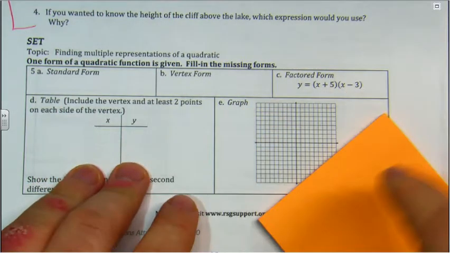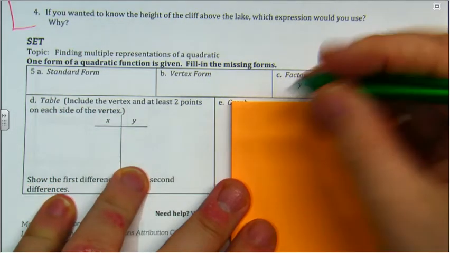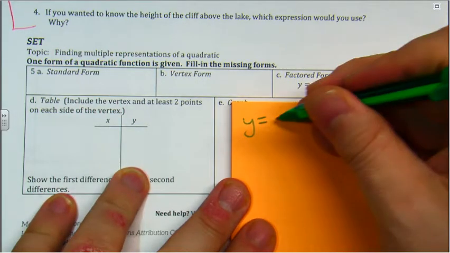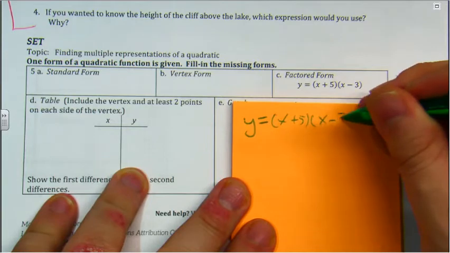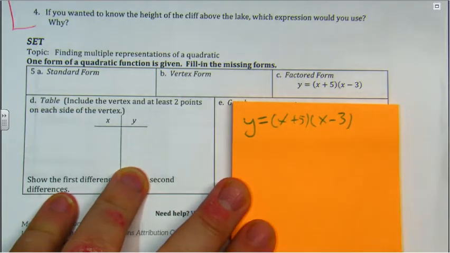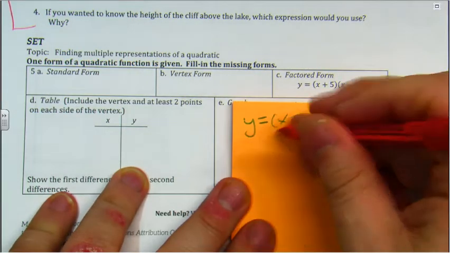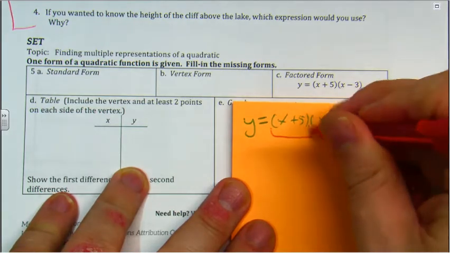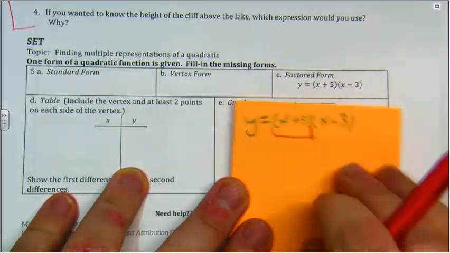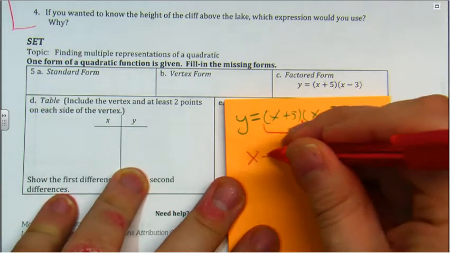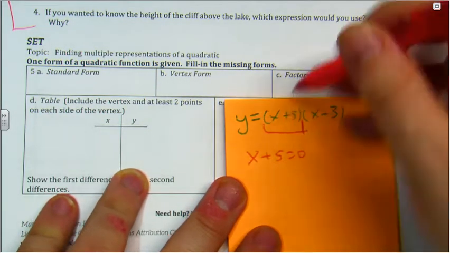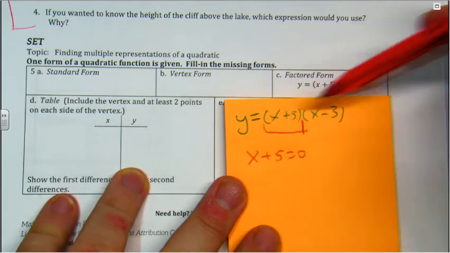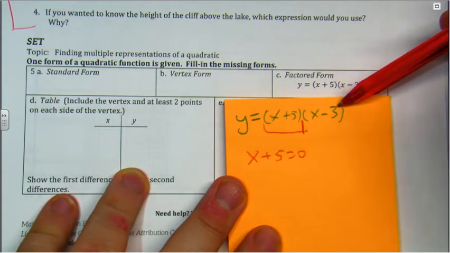Remember, whenever we have this factored form, like right here, y equals (x + 5)(x - 3), these are two numbers being multiplied together. If this were to equal 0, the whole thing would be 0. So if x + 5 equals 0, then this binomial will be 0, and 0 multiplied by this other binomial will be 0, therefore we'd have our answer.